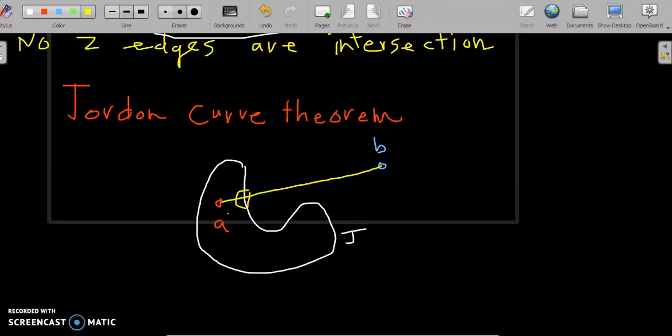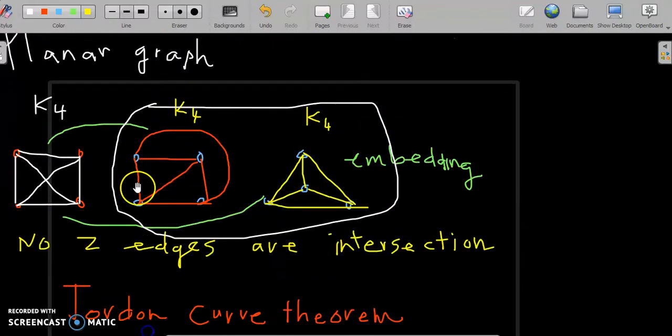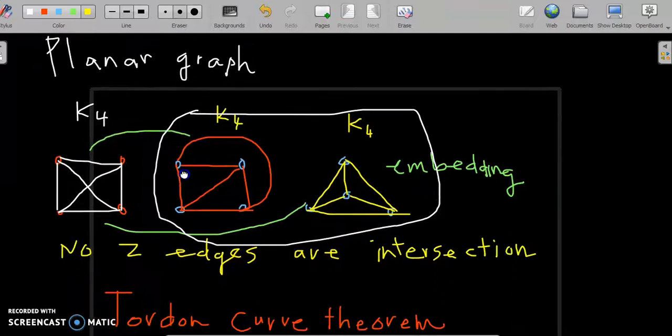So two things we have studied now. The first one is the planar graph.